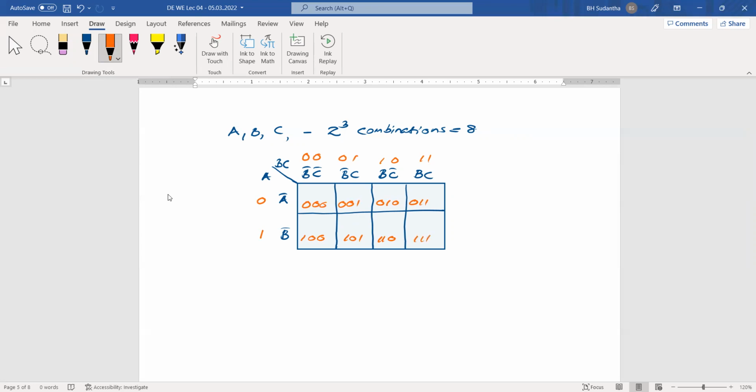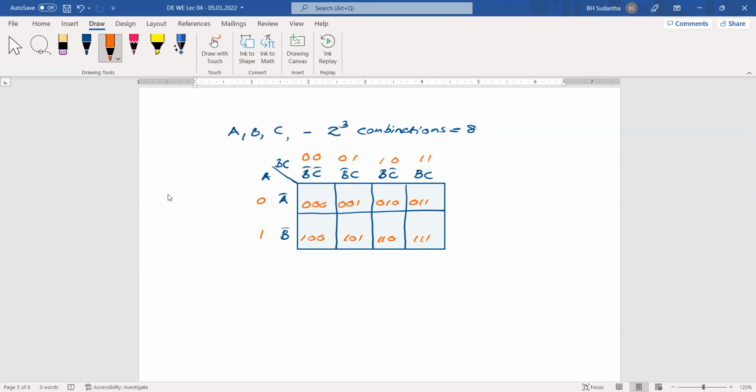There is a rule with these maps. It says that when you go from one grid to the next grid, for all adjacent grids, we can change only one bit at a time. What does it mean? Here it's 0 0 0. Now when you come here, it's 0 0 1.